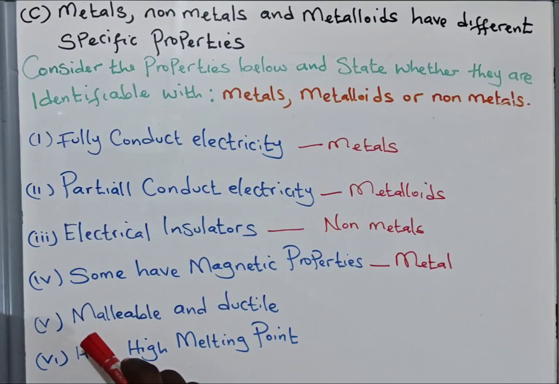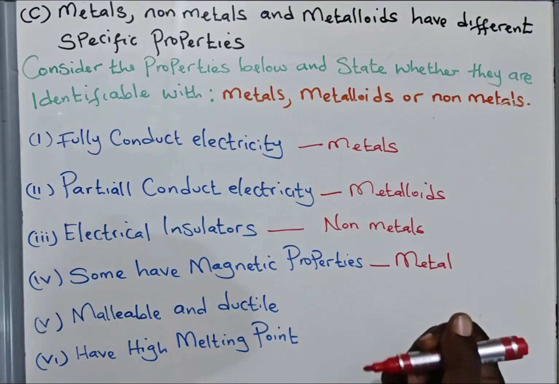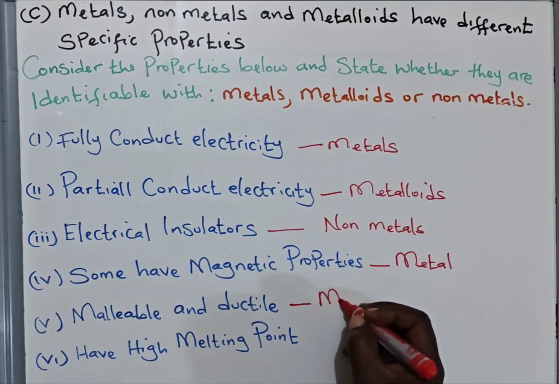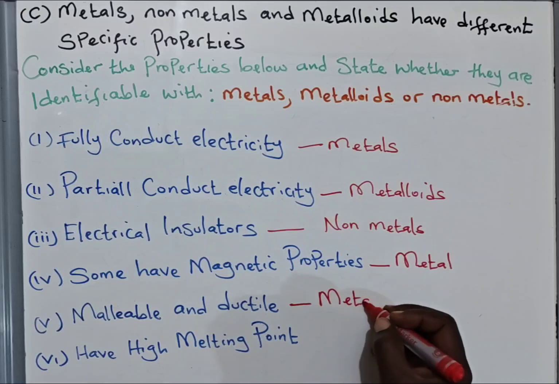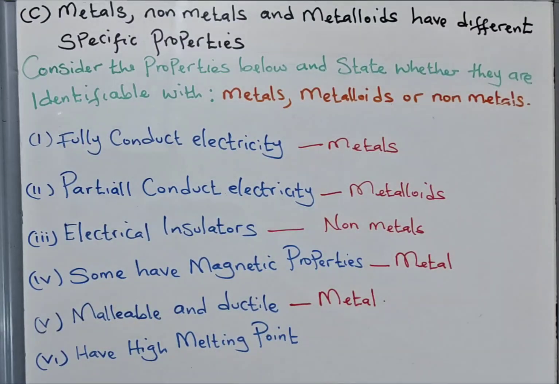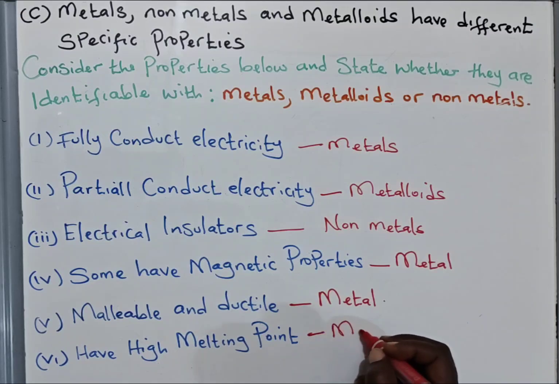Malleable and ductile. What are these ones? These are metals. Yes, we can shape them into different structures. Then, have high melting point. What are these? These are usually metals.